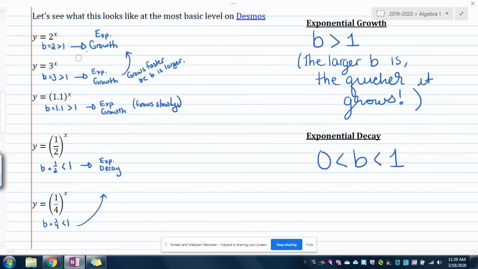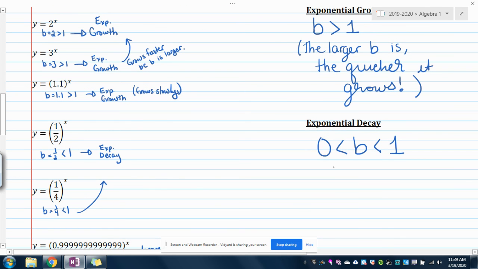And then for decay, so I'm going to put it like this. The closer it is to 0, it decays faster, and closer to 1, it decays slower.